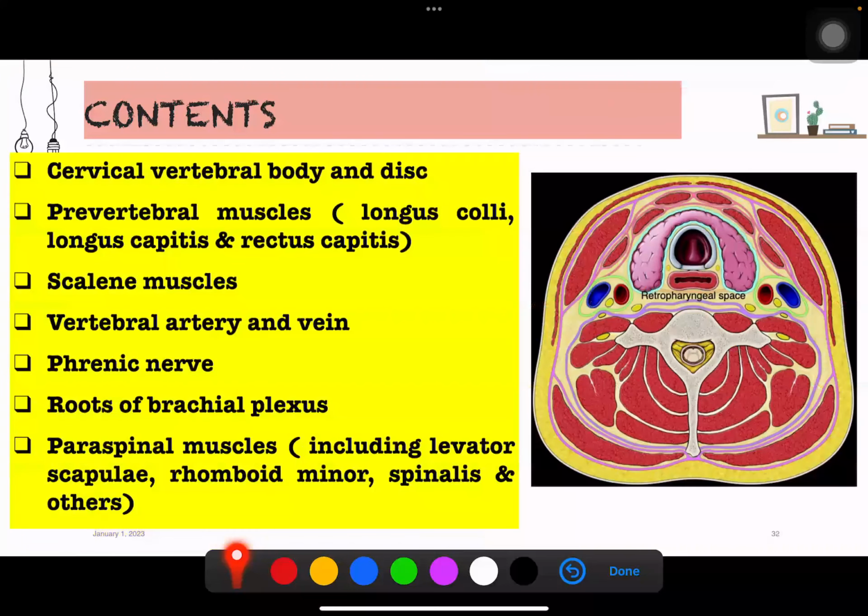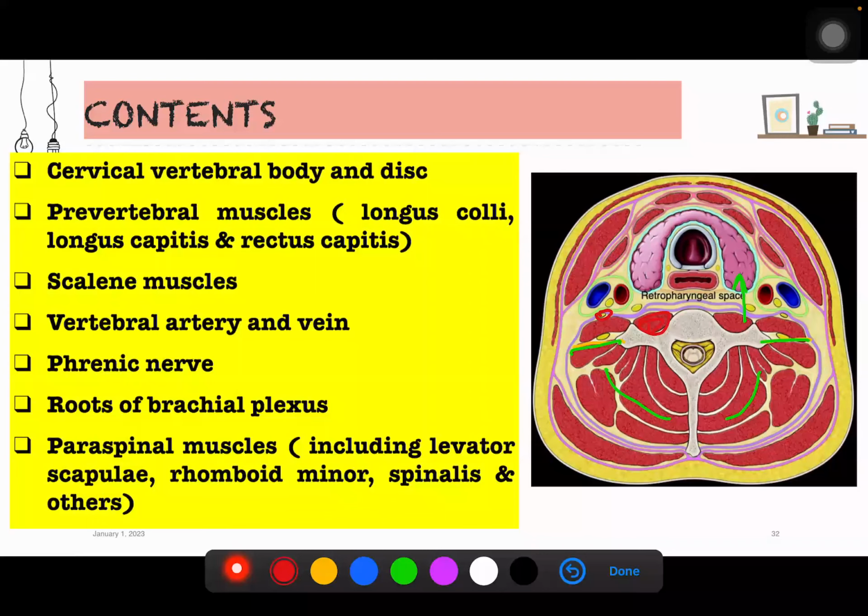So it will contain prevertebral muscles, for example the longus colli muscle, the phrenic nerve anterior to the anterior scalene muscle, the roots of the brachial plexus between the anterior and middle scalene muscles, and the posterior scalene muscles, paraspinal muscles, vertebrae, and disc. It also contains the vertebral artery within the transverse foramina.